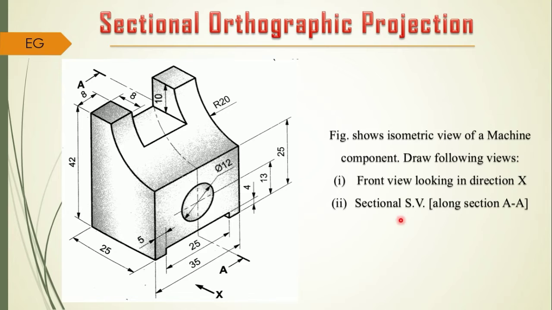And second, we have to construct the sectional side view along section AA. So here you have section AA. Section A starts from over here, it is going to cut this way, and this is your other point A.